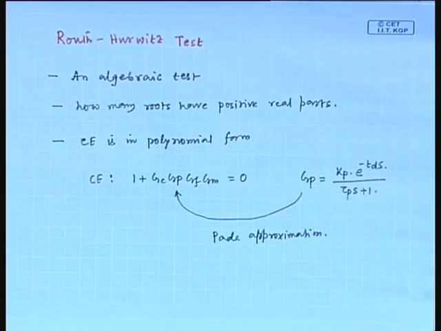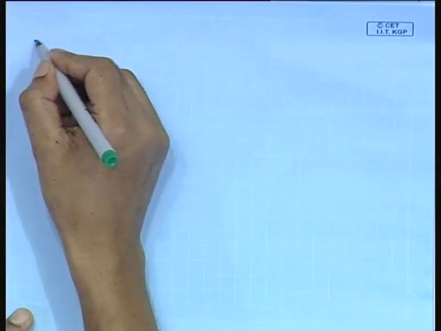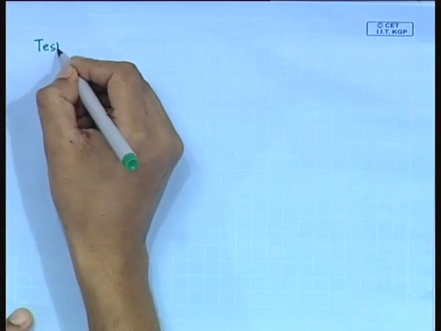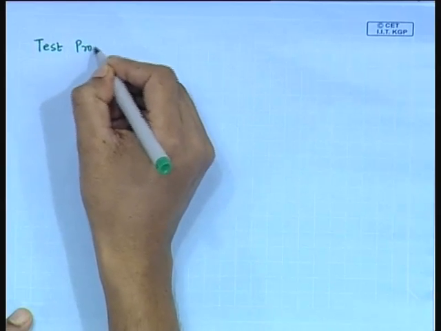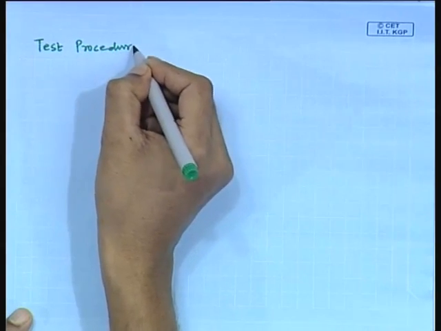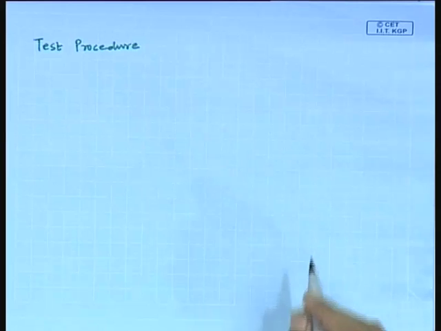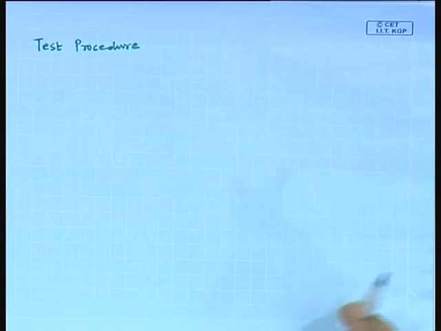Now, we will learn the algorithm, I mean the test procedure. What are the steps we need to follow to perform this Routh stability analysis?